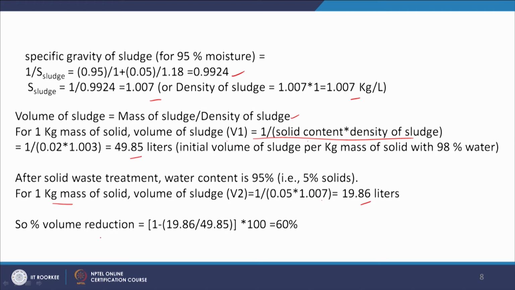So, percentage volume reduction is equal to how much? That is 49.85 minus 19.86 divided by 49.85, that is equal to 1 minus 19.86 by 49.85, into 100. So, that is equal to 60%. Okay. So, now we are able to solve the problem.